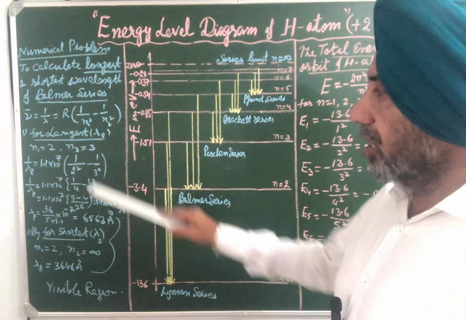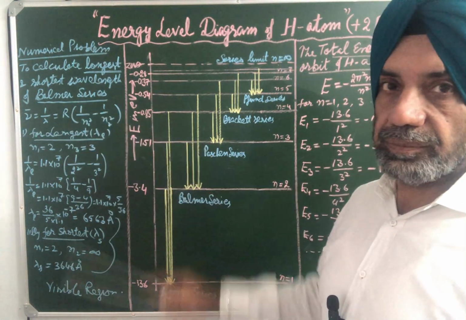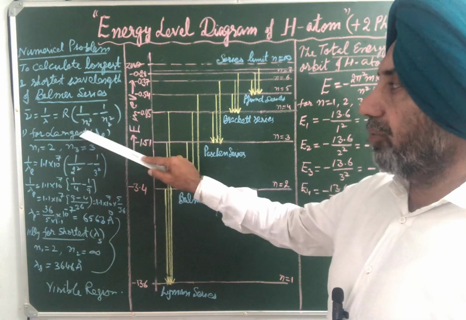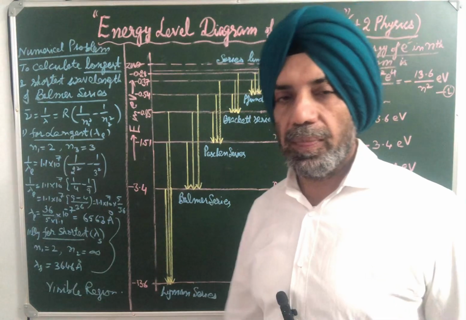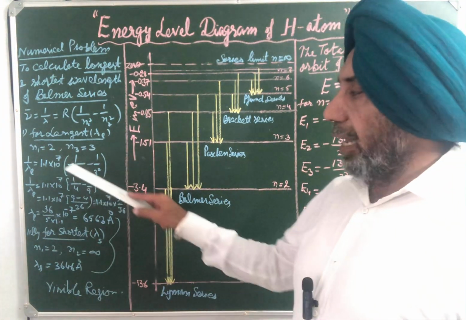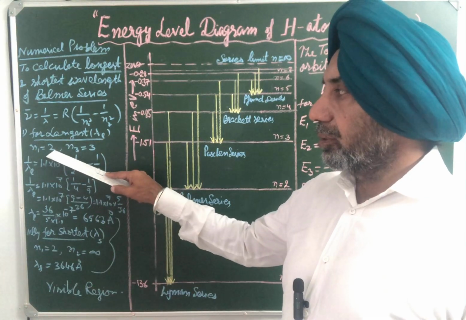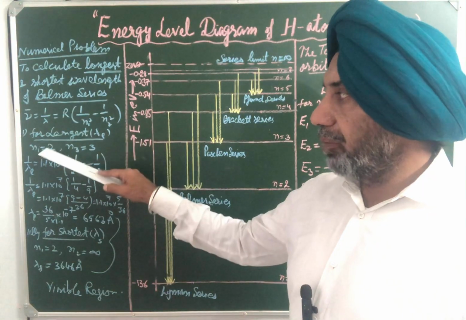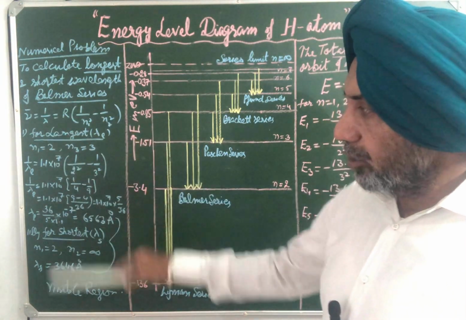So you must know this Rydberg formula, nu bar equals 1 upon lambda equals R into 1 upon n1 square minus 1 upon n2 square. So when you have to find longest wavelength of any series, n1 will be equal to 2, for example, for Balmer series. For Lyman series, n1 may be equal to 1, and so on.